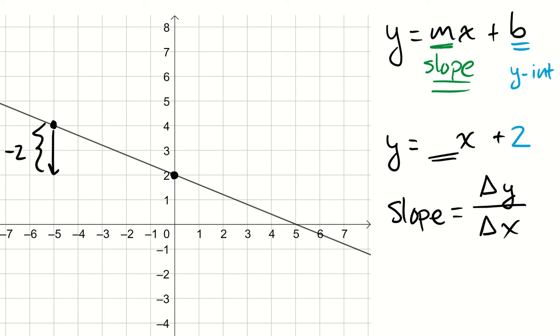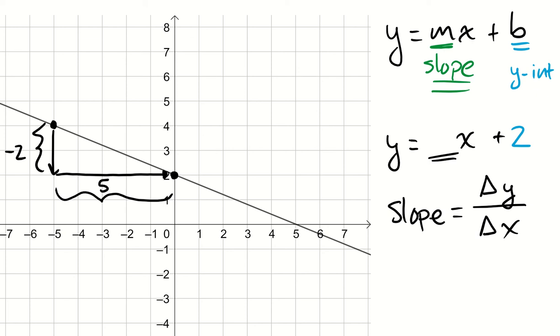And I can also see that my x variable is changing. X is over here at -5, and it goes all the way to 0. My x is changing from -5 to 0, which is 1, 2, 3, 4, 5. So this is changing by 5 units.